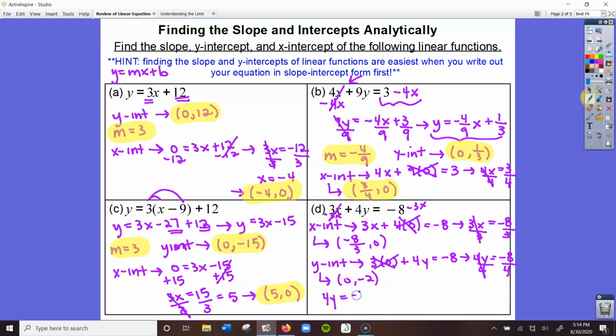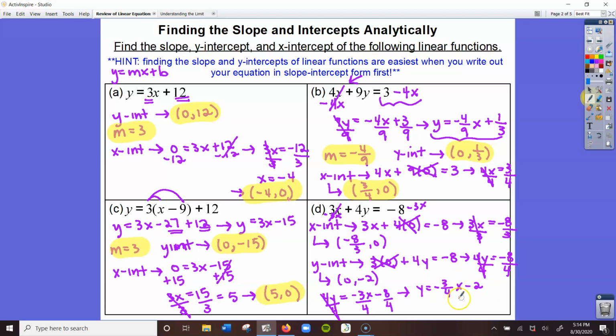So I'm going to write negative 3x minus 8. Then our final step here would be to divide by 4. Remember, you're going to divide everything by 4. So the line is y is equal to negative 3 over 4x minus 2.